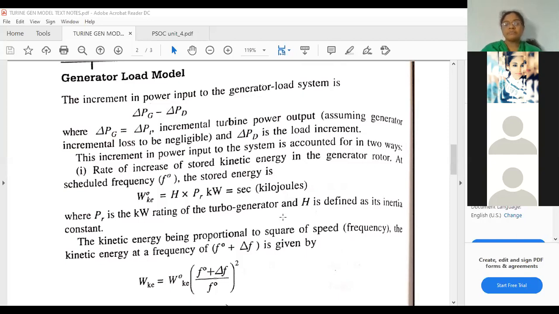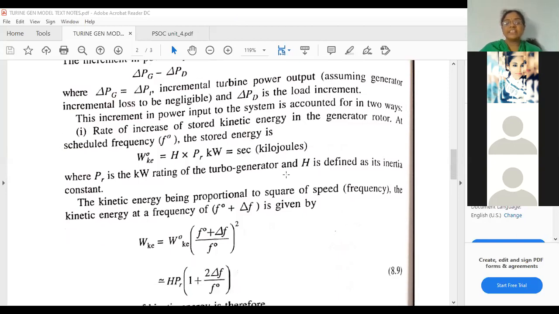So here the incremental power input, whatever power input is there for the generator, we are taking into consideration in two ways. The first one is the rate of increase of kinetic energy in the generator rotor. How do you get the output generation?